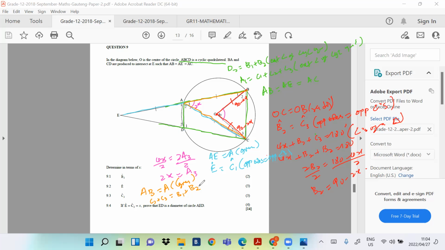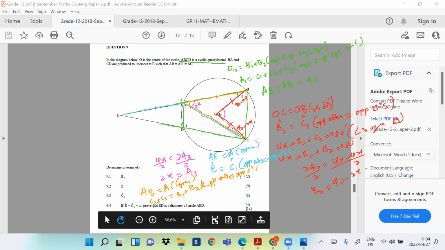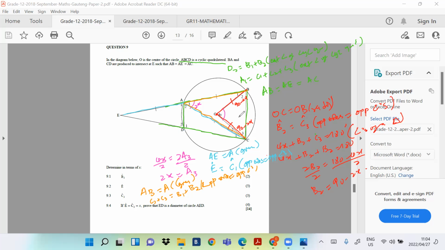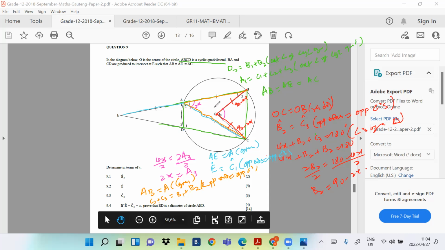Are you still with me? Yes. Opposite sides equal opposite angles. Then what do we have? We have C3 and we have B.